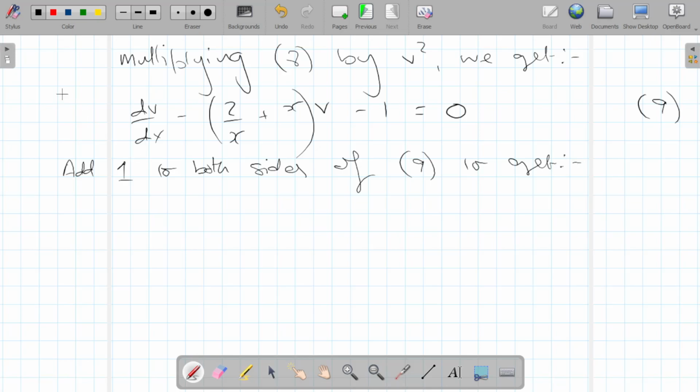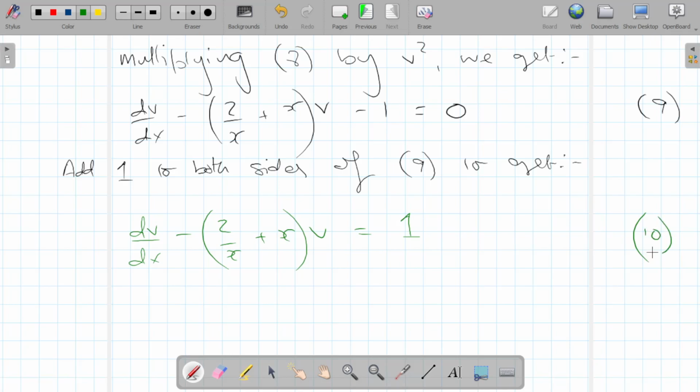I'm going to write this in green. It might be easy to immediately identify it. dv by dx minus, in brackets, 2 over x plus x, v equals 1. We'll call that equation 10, in green this time.